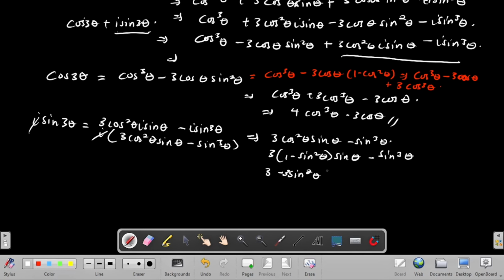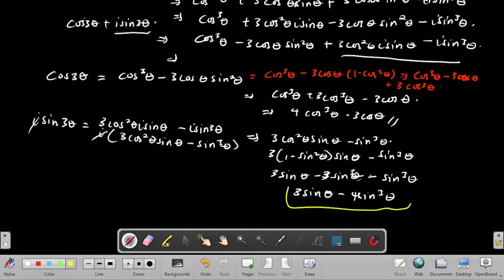I think the sine theta here should multiply with the 3, I don't want to come back and multiply with the sine again. So now I'm multiplying 3 sine theta times this. 3 sine theta times 1 is 3 sine theta. 3 sine theta times negative sine squared theta gives us negative 3 sine cube theta, then minus sine cube theta. So I'll simply get 3 sine theta minus 4 sine cube theta, and this has also been expressed nicely.